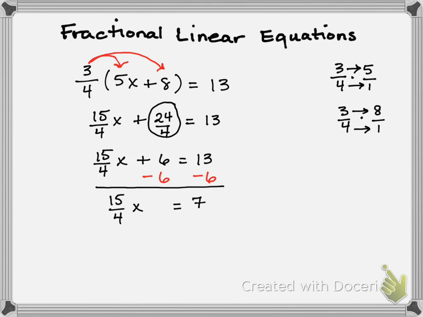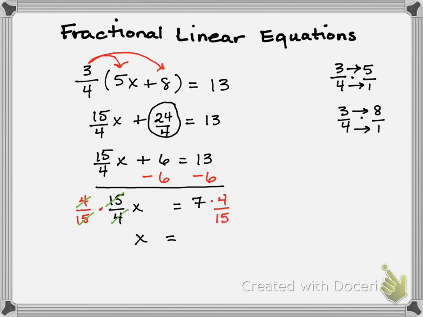If I multiply by the reciprocal, in this case 4 over 15, it eliminates the numerator and the denominator, making them 1, because 15 divided by 15 becomes a 1, and a 4 divided by 4 becomes a 1, and that forces our x now to come down and be isolated. But whatever you did on the left-hand side of the equal sign, you must do on the right-hand side. So I need to multiply by 4 over 15 on this side as well.